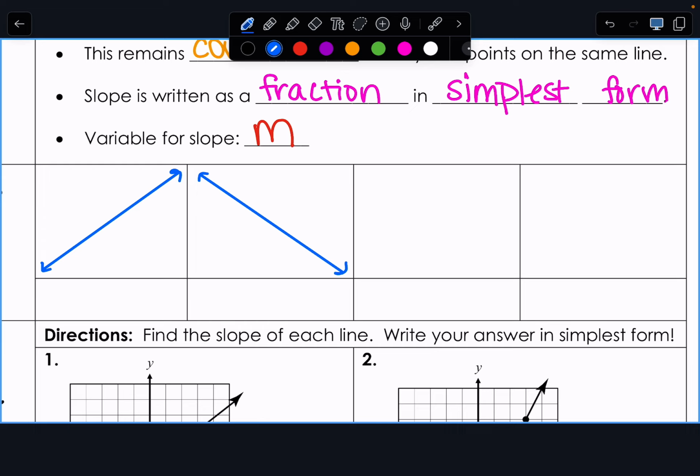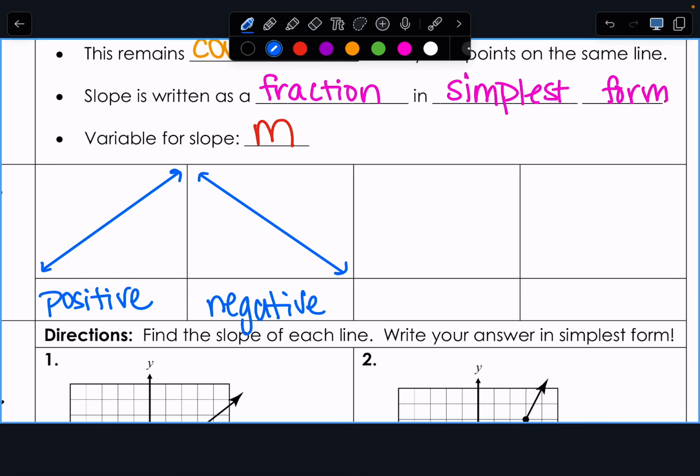When we look at that page we did for our warm-up, if a line is rising from left to right, it's going to have a positive value for its slope. 2 over 3, 5 over 2, 7. It's going to be positive. But if our line is falling, we're going to have negative slope. -1/2, -3, whatever it may be.